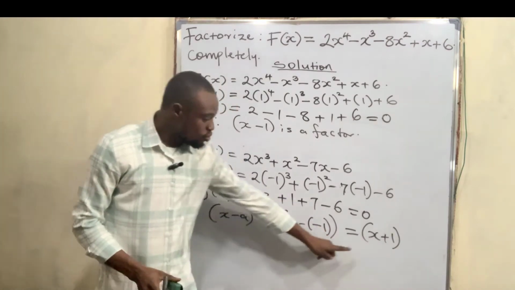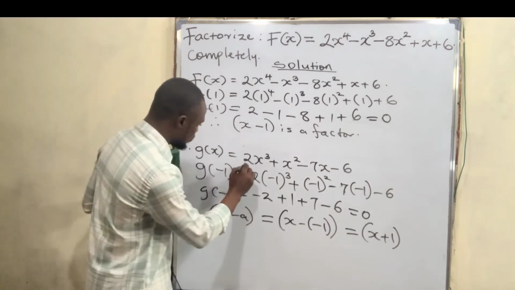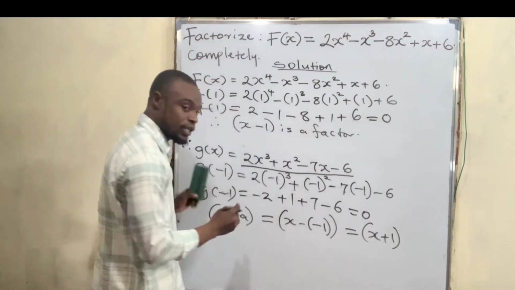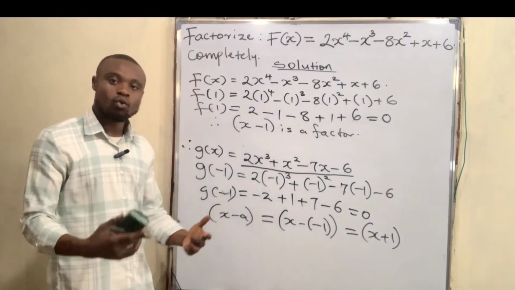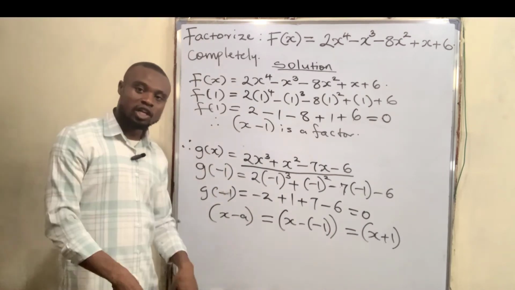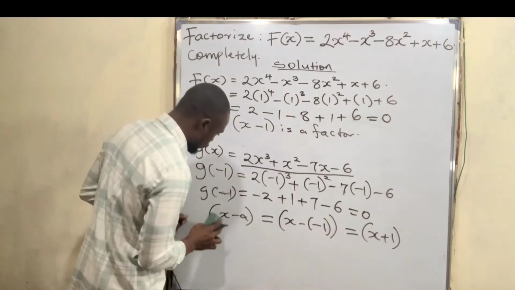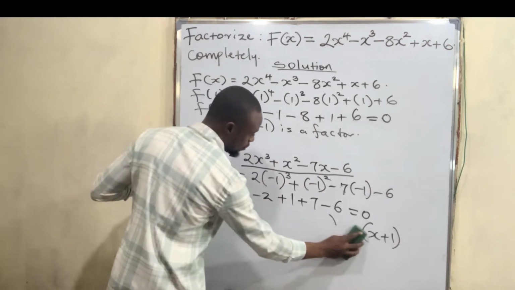Okay, so we're going to use this factor to divide this polynomial. In dividing, we are saying we want to reduce the polynomial to a lower term. Okay, so I'll clean this now.